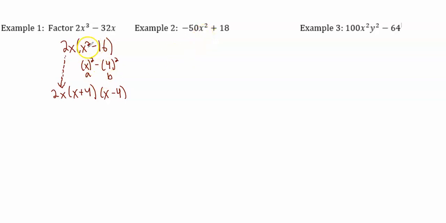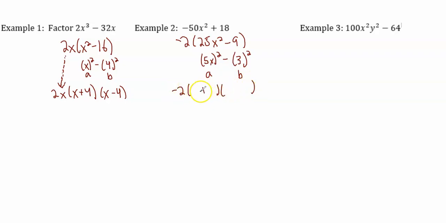I identified the square root of x squared was x, square root of 16 was 4. Looking at this one, I'm going to pull out a -2. I take the square root of 25x squared, which is 5x, and of 9, which is 3. I do one where I add, one where I subtract.